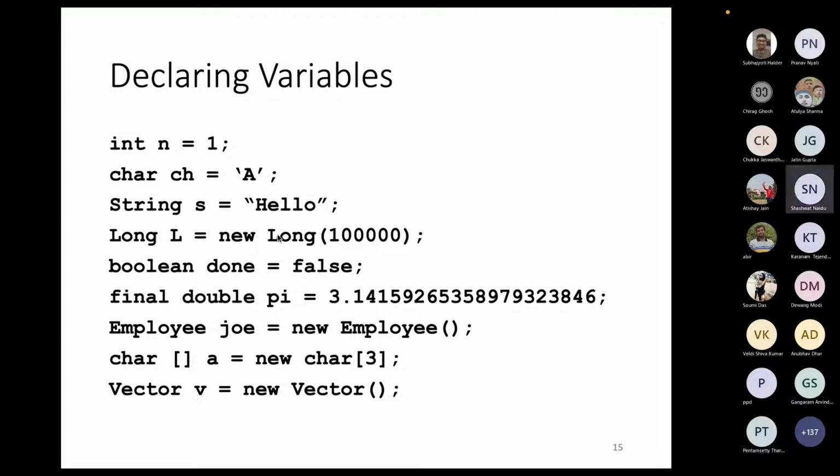Is it clear what is happening here? Sir, yes. So can we say L is like an instance of the object long, which is getting the input of 1 lakh? Yes, exactly. It is an instance of type long, which stores the value 1 lakh.